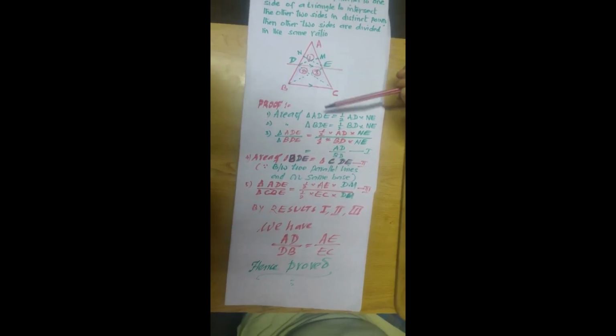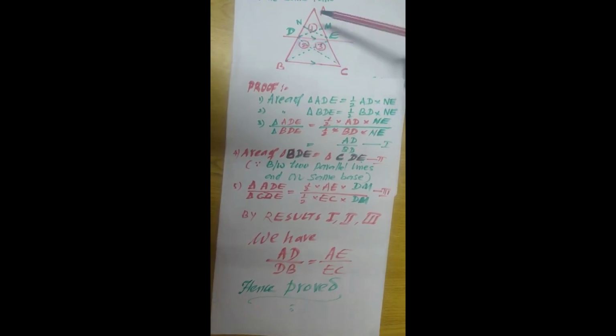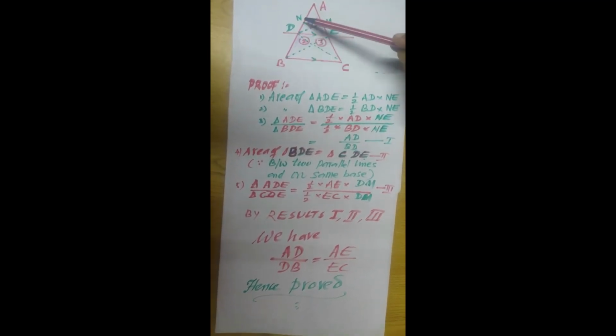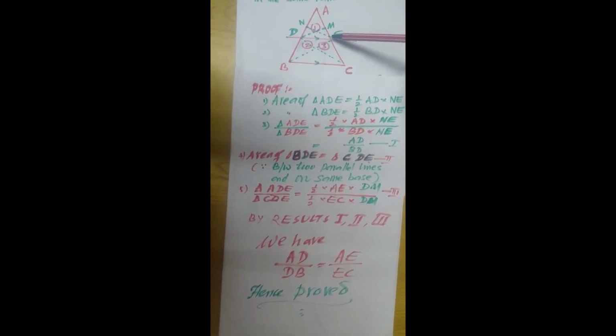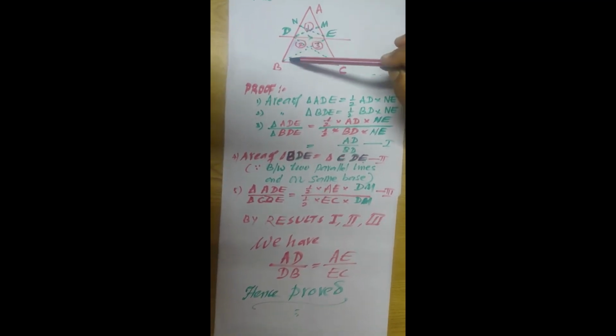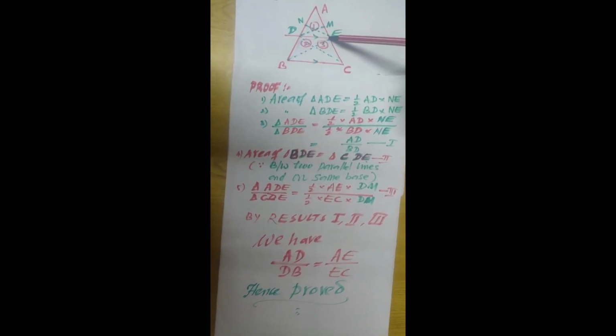Area of BDE is half into BD into NE. This is an external height. That's why in the initial stage we saw this is the obtuse triangle. Its height lies externally. If BD is the base, NE is the altitude, that is height. That's why BD into NE.